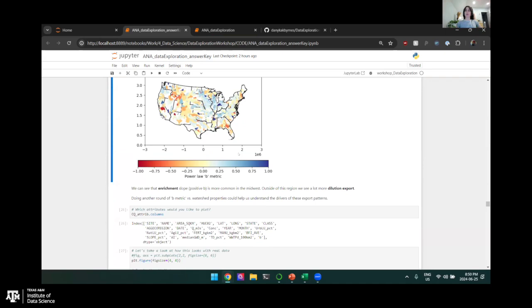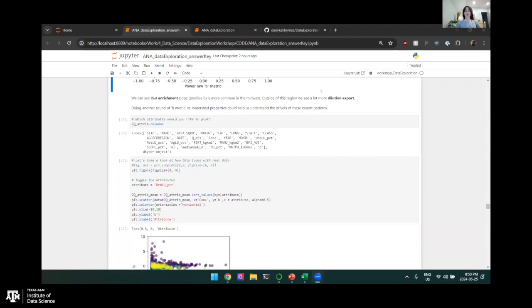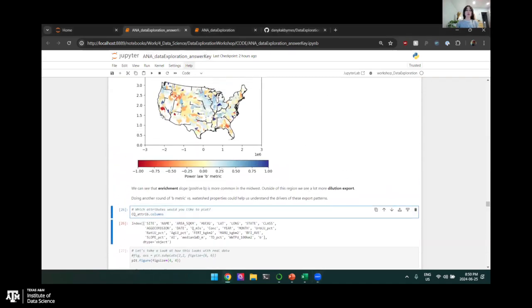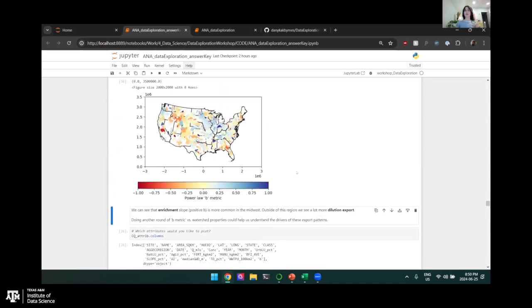Okay, well, for the sake of time, we'll move on to the next part. What we see is that enrichment, so positive B slope, is very common in the Midwest. Outside of this region, you see more dilution or a B slope of zero.